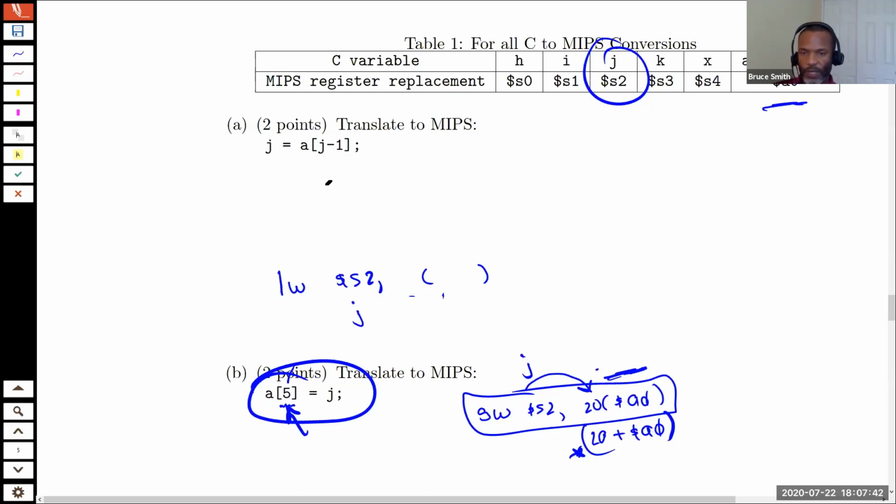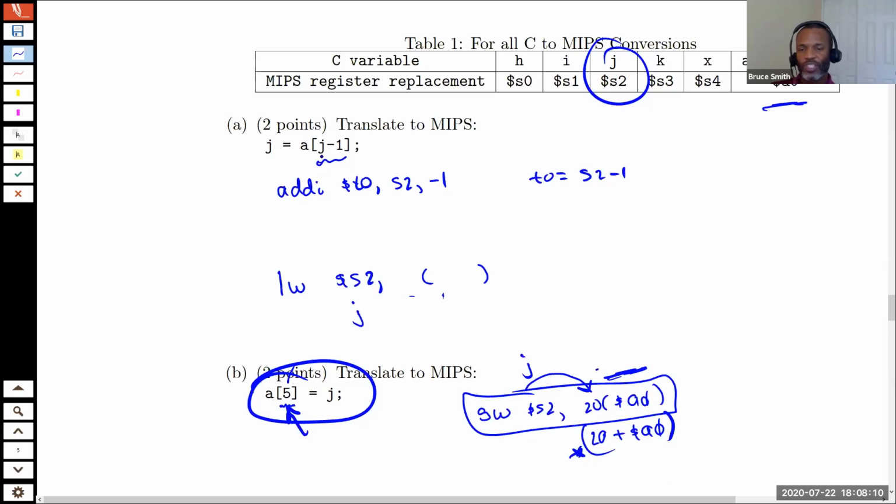So let's see. What I first need to do is, whatever the current value of J is, I'm going to subtract 1 from it. Since J is here, S2, this will say that T0, this temporary value, is going to be S2 minus 1.